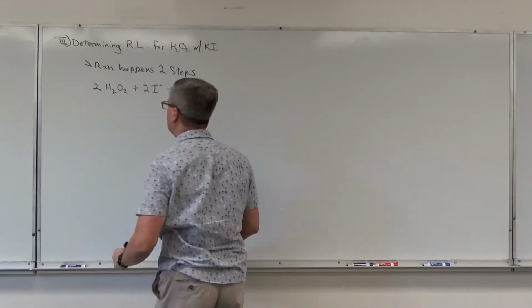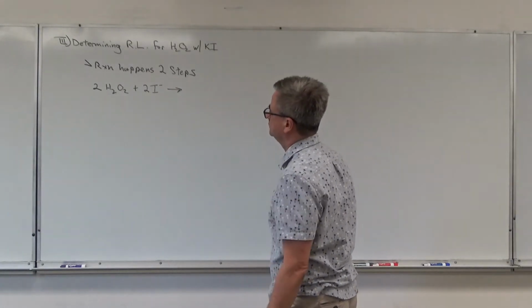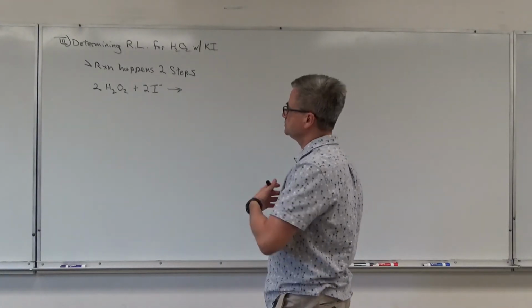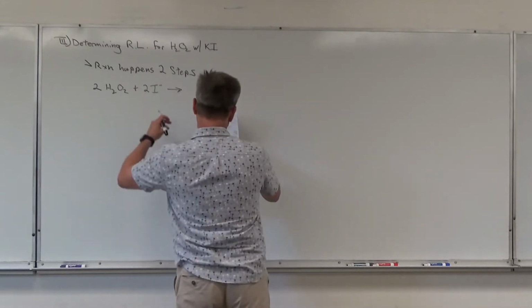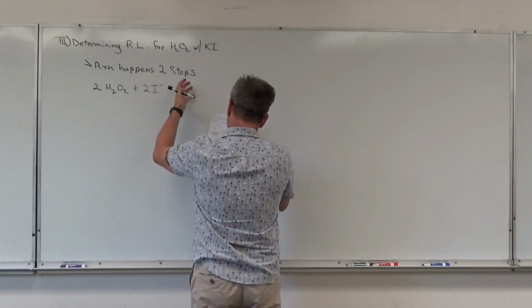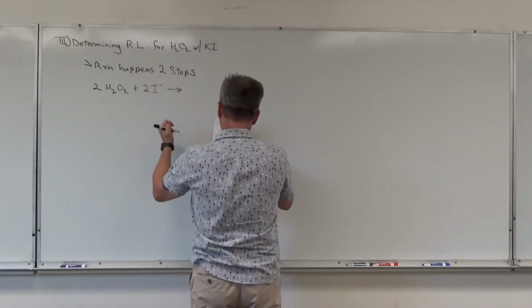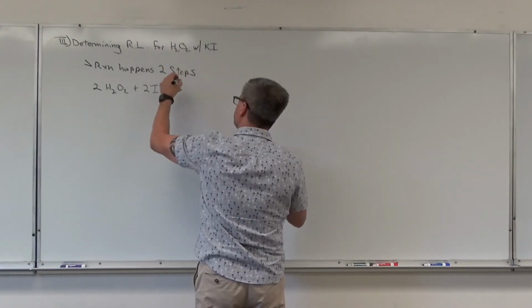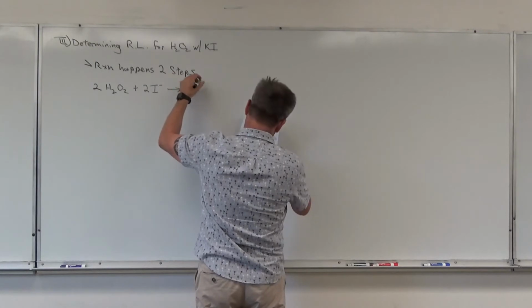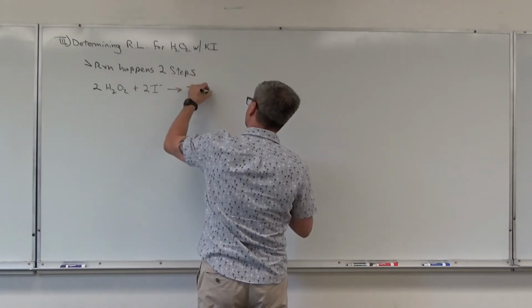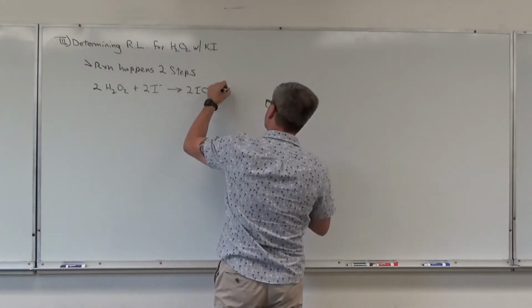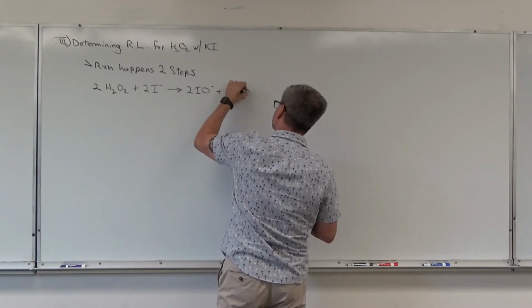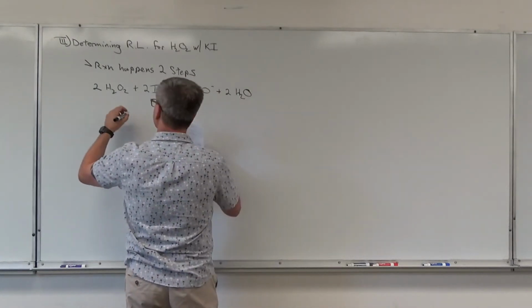You may be like, wow, that's not the simplest balanced equation. You could just take away all those coefficients if they're all 2. But by making them all 2, that's how it cancels out and shows you the overall reaction. 2 periodites, 2 waters.